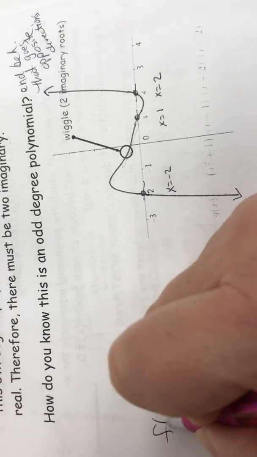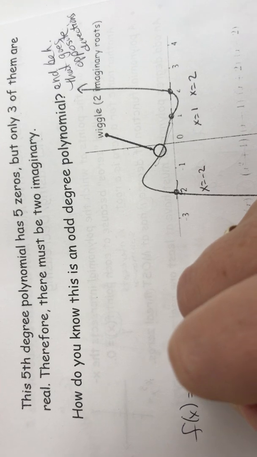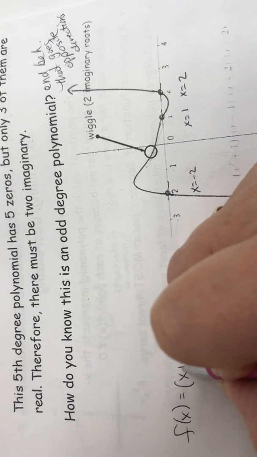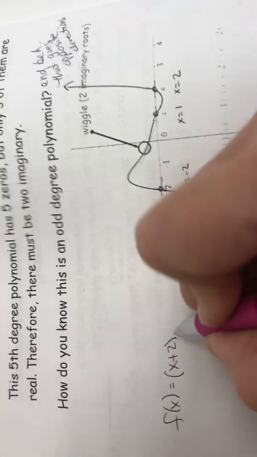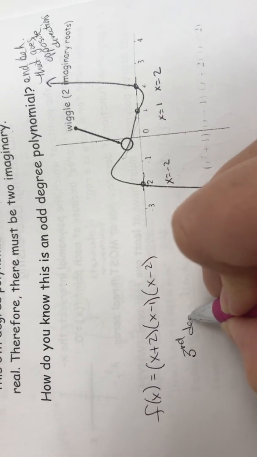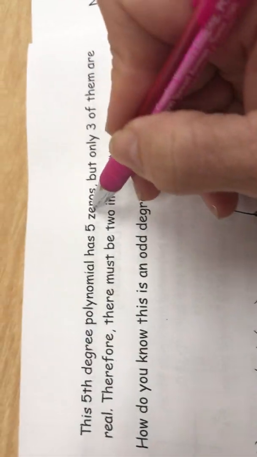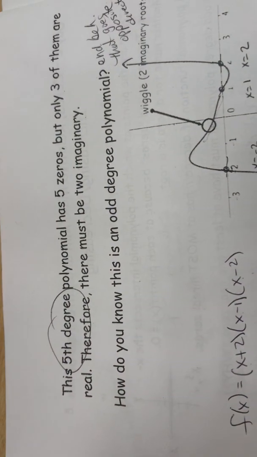So that would give me f of x equals x plus 2, right? Always opposite. x minus 1 and x minus 2. Well, that's only a 3rd degree, right? x times x times x, or 3 roots. They're telling you it is a 5th degree.